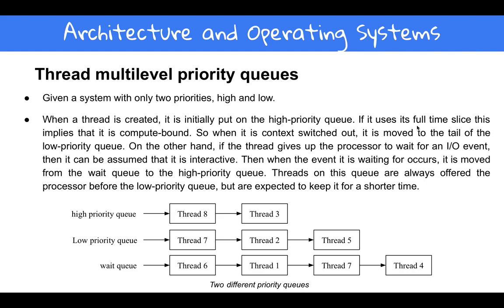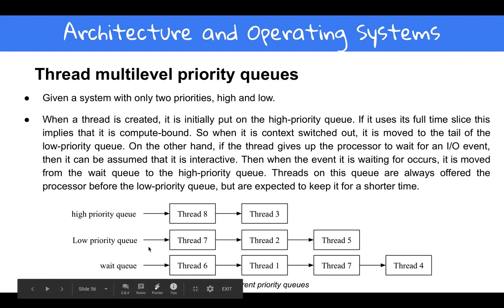If it uses its full time slice, this implies it's compute bound. So when it is context switched out, it moves to the tail of the low priority queue. What it means is that when a thread is created, it gets the high priority queue and goes to the CPU.